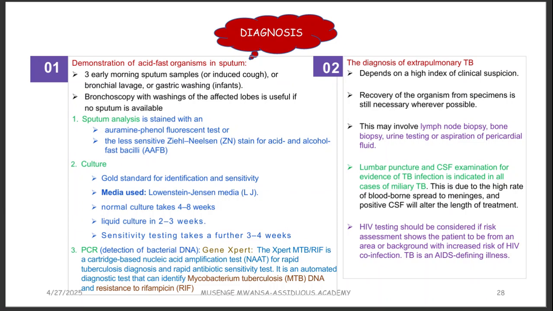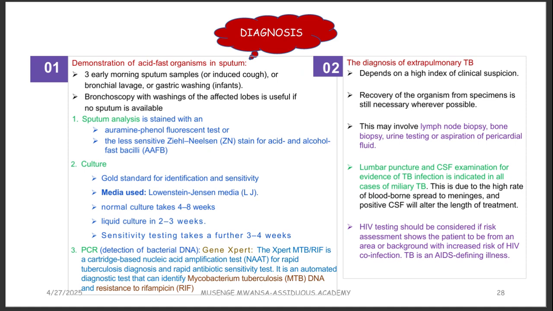So when you get the sputum, you can do sputum analysis. You are going to stain the sputum using the auramine fluorescent test. This one is very good. It is more sensitive. Now, there is a difference between sensitivity and specificity.